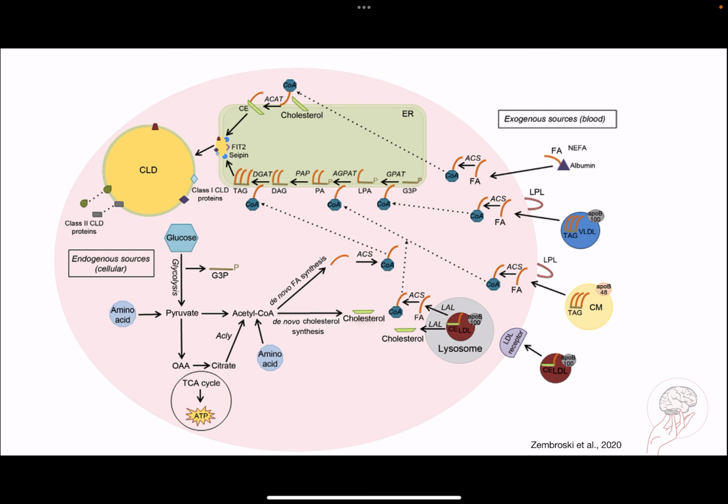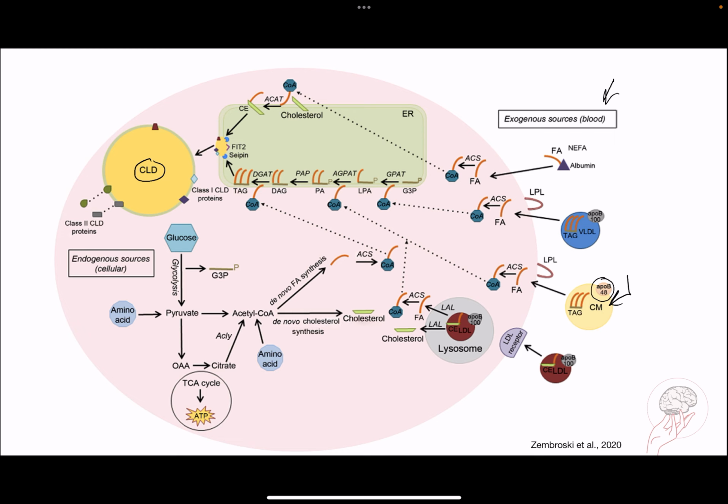So that previous diagram only looked at lipids from the lipid droplet. But we also have exogenous sources of lipids in the blood. We can get lipids from chylomicrons, and recall this is through ApoB48.